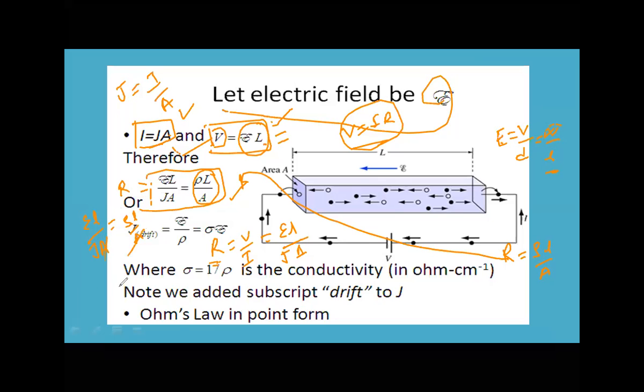You can cancel A. Finally, you can calculate the drift current density, J is equal to E by rho or sigma E. These are very important equations. In competitive exams also you are going to get these. They may ask problems based on these equations.